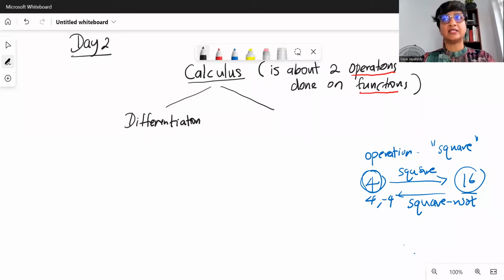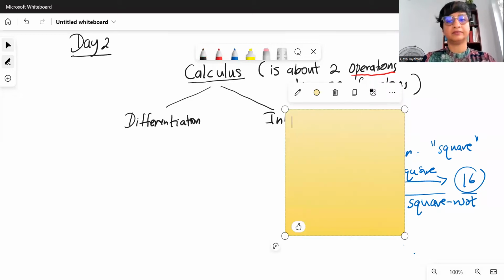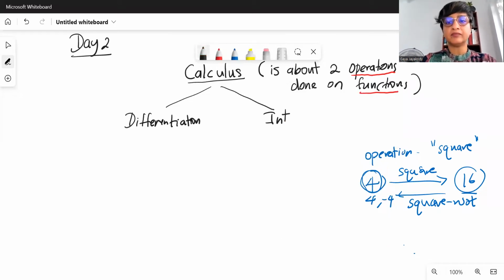Differentiation, I think it is avakalanaya in Sinhala, and integration, anukalanaya in Sinhala. These 2 are operations done on functions.